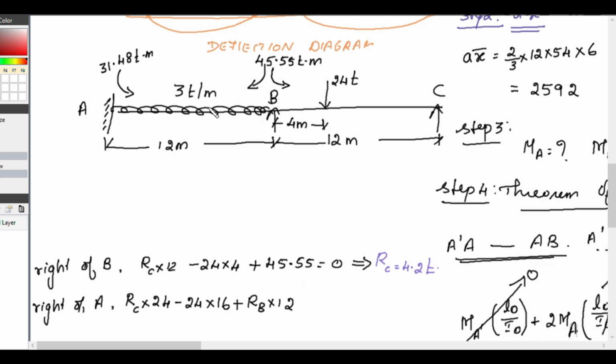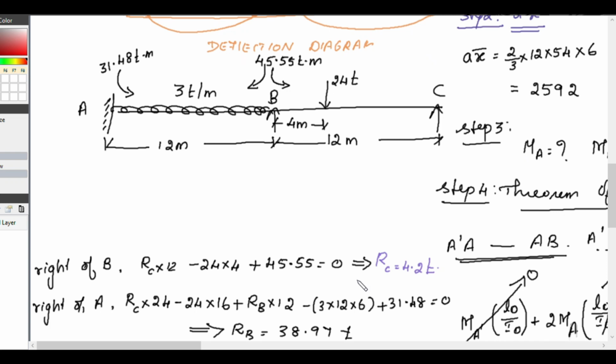Now we have a 3 tons load here, so this is minus 3 into 12 into 6. Now this is positive, the section is A, so anti-clockwise is positive, so plus 31.48 is equal to 0. We get RB is equal to 38.97 tons.